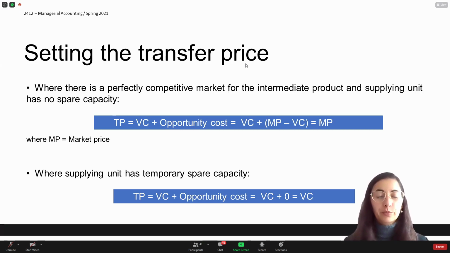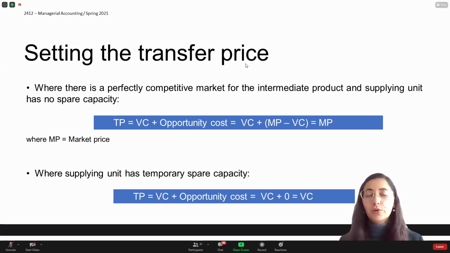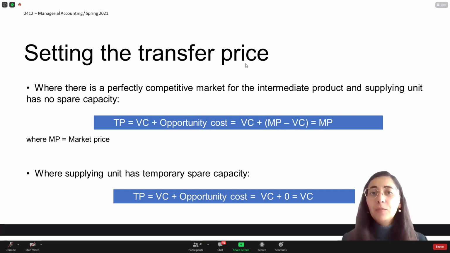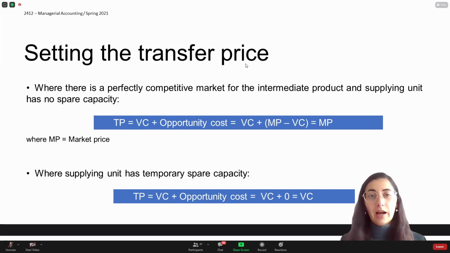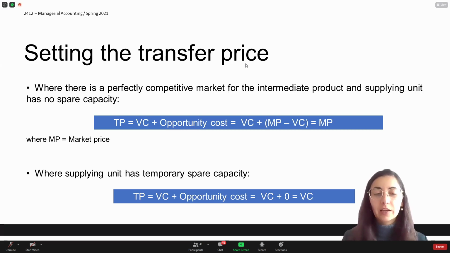So the transfer price is the variable cost plus opportunity cost. But because I have spare capacity, I'm not losing anything. Remember, opportunity cost is the best alternative foregone to do something else. Because I'm not foregoing doing something else, I don't have an opportunity cost here in this example. So that is why we can say when we have this case of temporary spare capacity, the transfer price is equal to the variable costs.